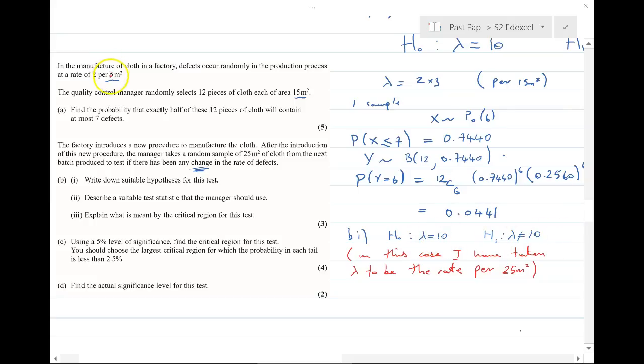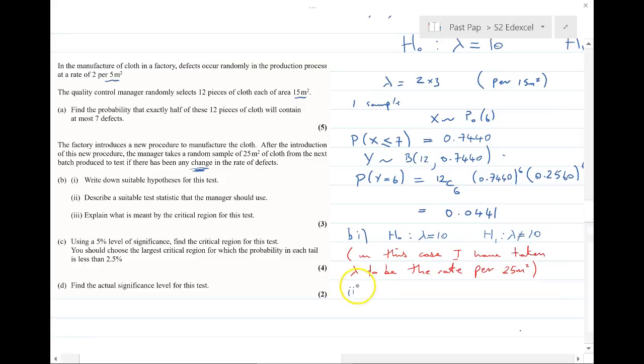We could equally say 2 per the 5 meters squared which we were given, or even 0.4, which would be per meter squared. So long as we write the values of lambda that it is, that's what the mark scheme indicates anyway. So that's all we need for the hypothesis, setting up a suitable hypothesis test.